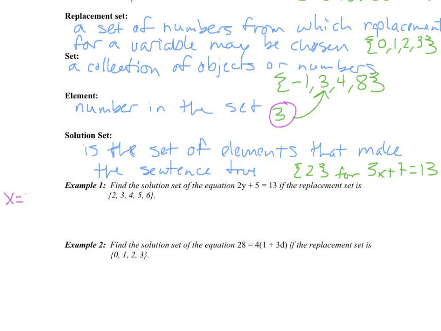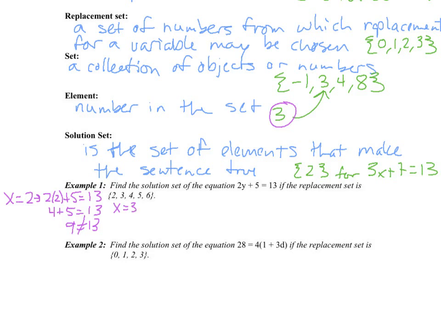So let's start with 2. So 2 times 2 plus 5 equals 13. Now I just want to simplify the left side. So I get 4 plus 5, that gives me 9. 9 is not equal to 13, so 2 is not in my solution set.